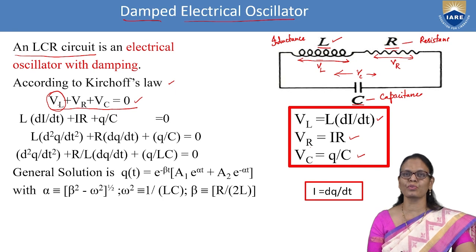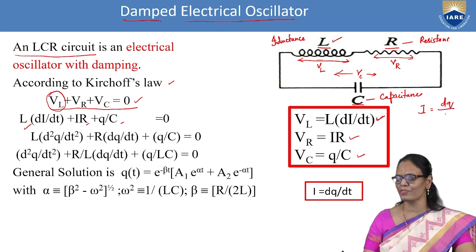Now let us substitute for VL, VR and VC. VL is L into di by dt, VR is IR and VC is Q by C, and the sum is equal to 0. Now let us write the equation for a damped electrical oscillator. What is I here? I is the current, which is the rate of flow of charge.